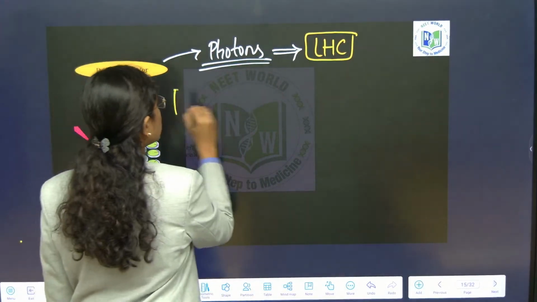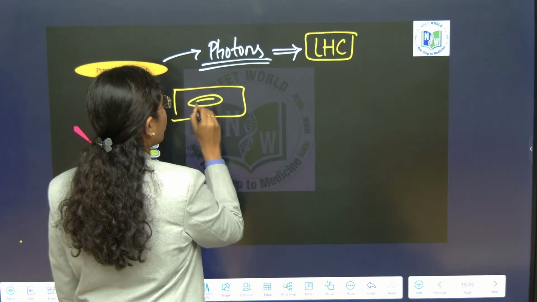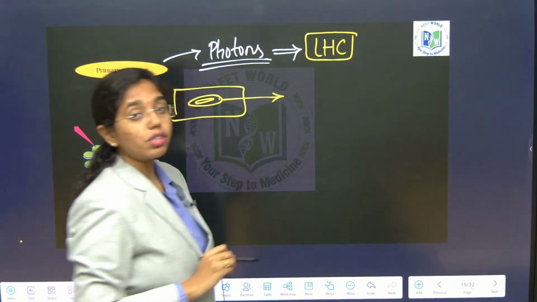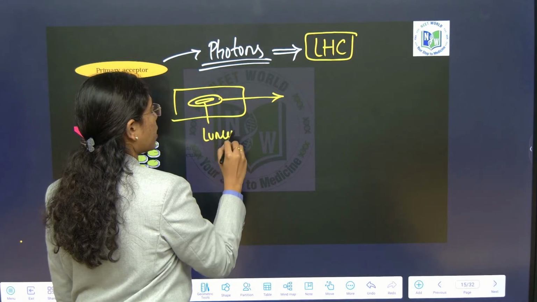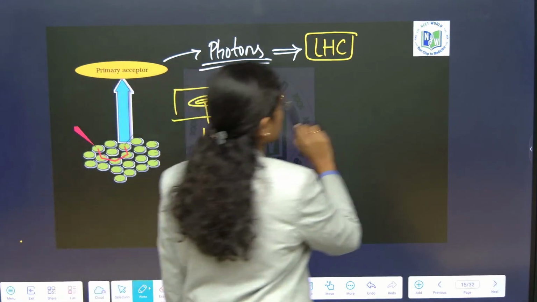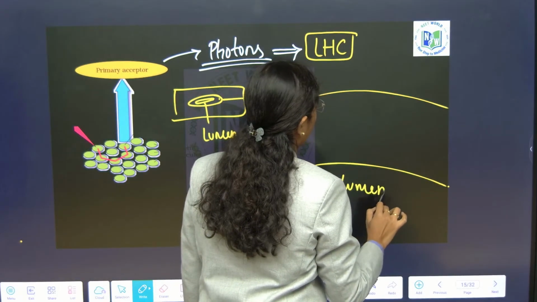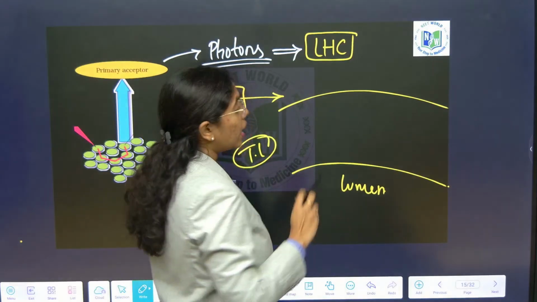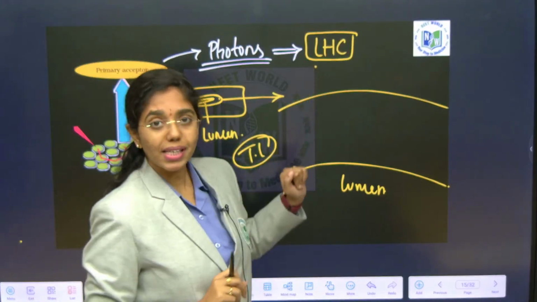Let us suppose this is the chloroplast organelle and this is the thylakoid membrane, with the lumen inside and the thylakoid lamellae. Inside the thylakoid lamellae, light harvesting complexes are present.